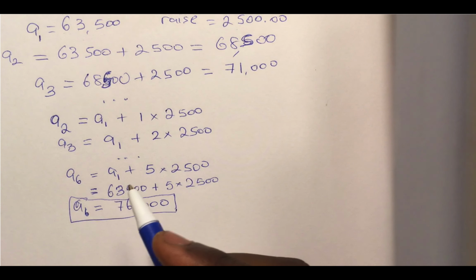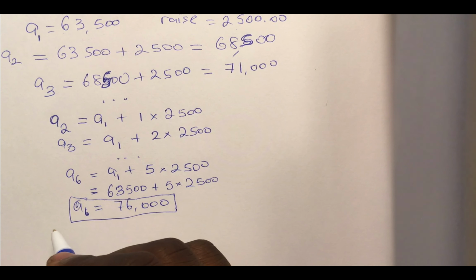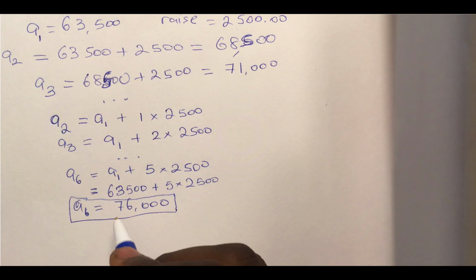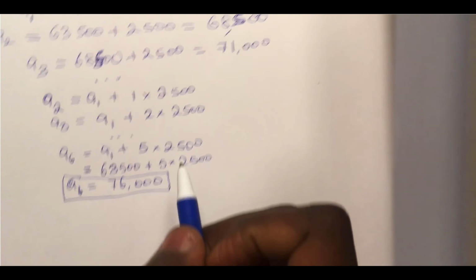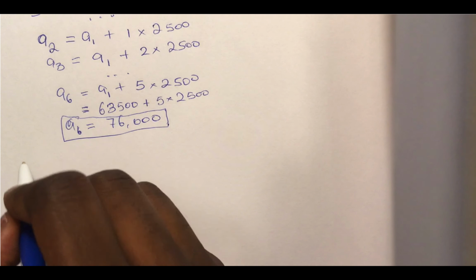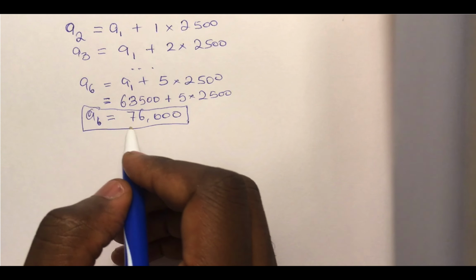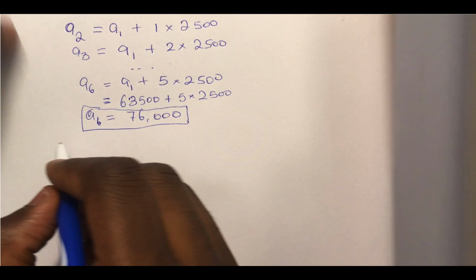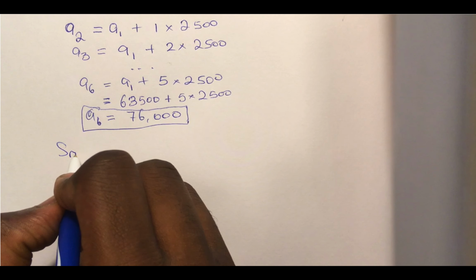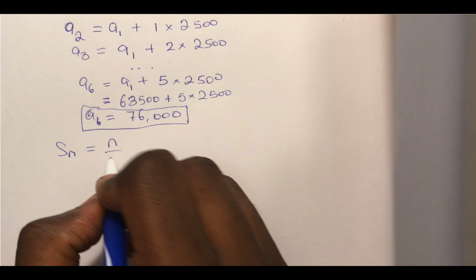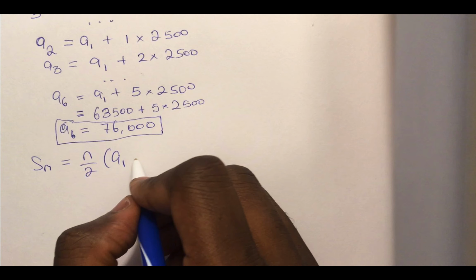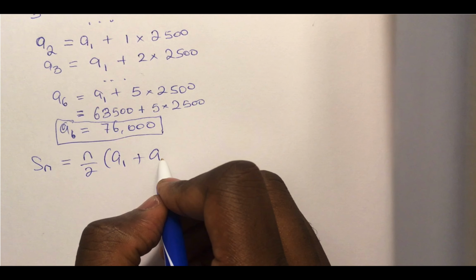Now, let us find the total compensation for question 1. For any arithmetic sequence, the finite sum is given as S of n equals n over 2 times A of 1 plus A of n.